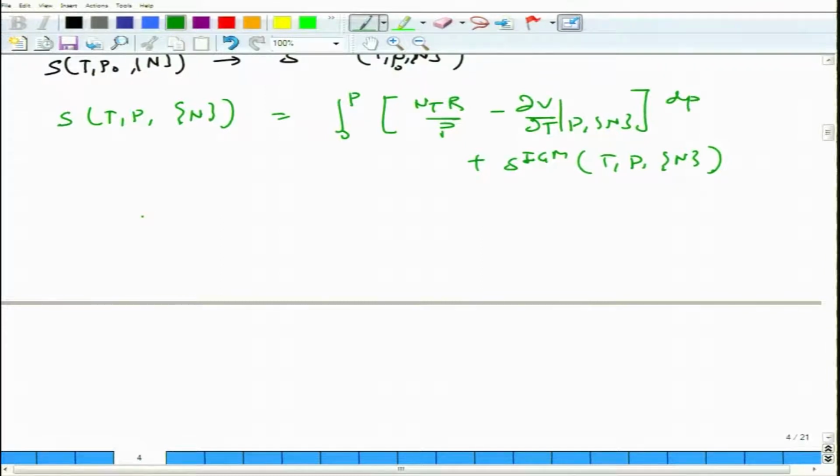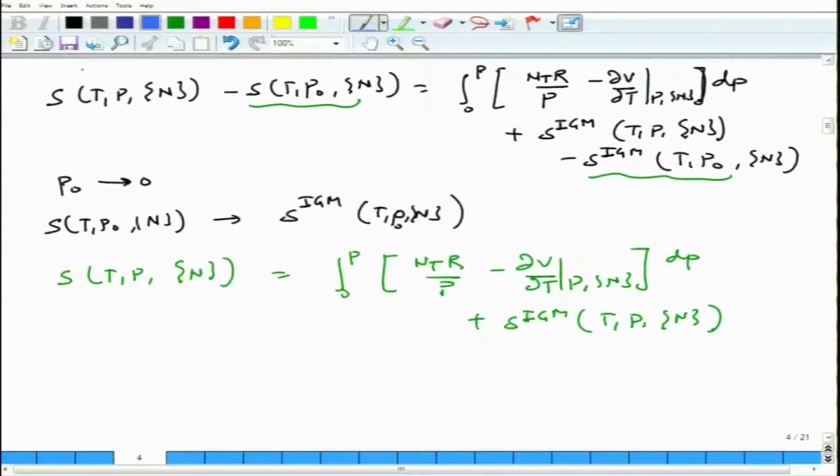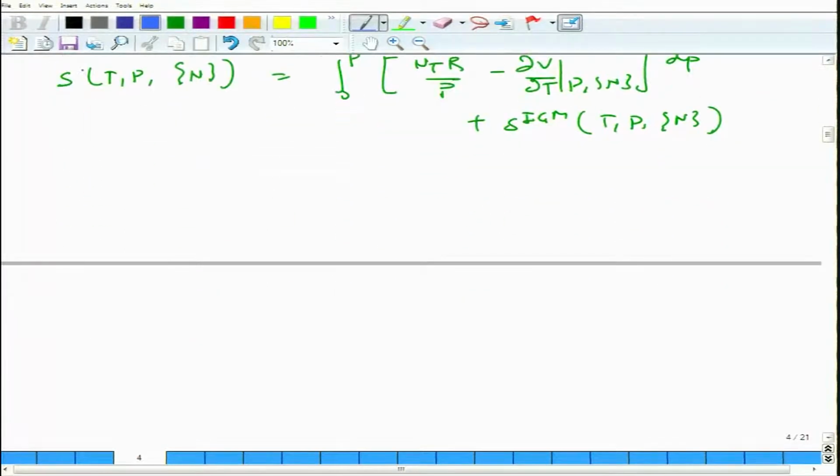So, what I was saying is that instead of taking P0, for an ideal gas, we can also consider the reference as 1 atmosphere.